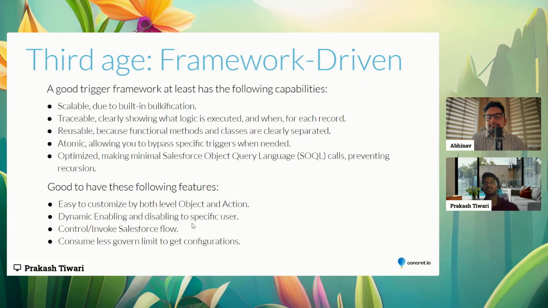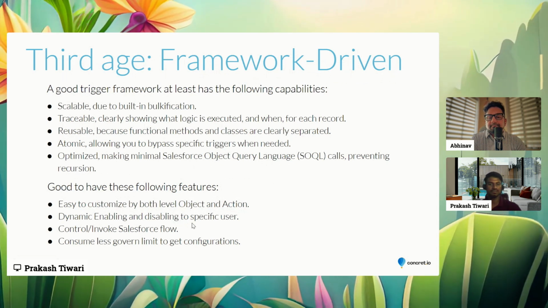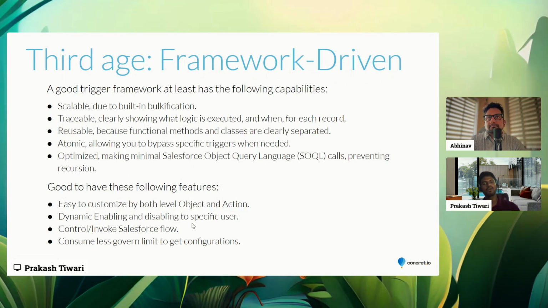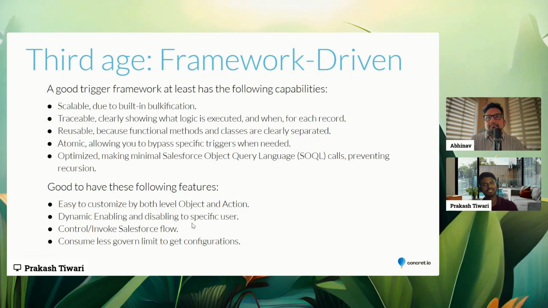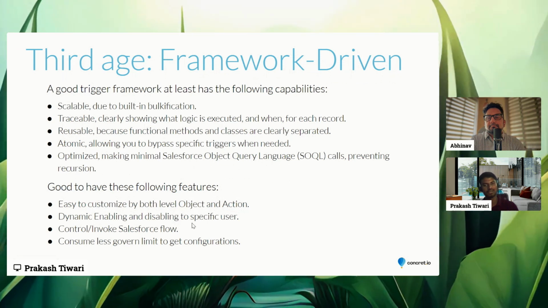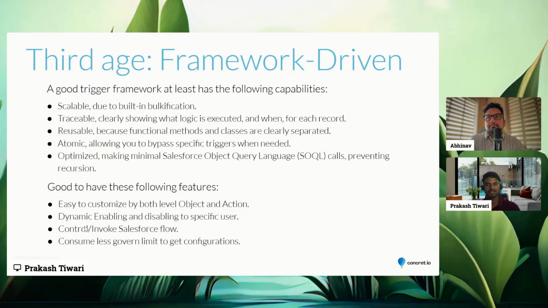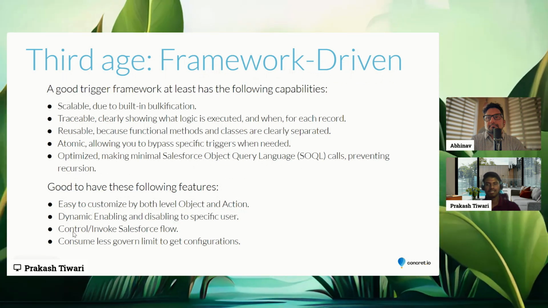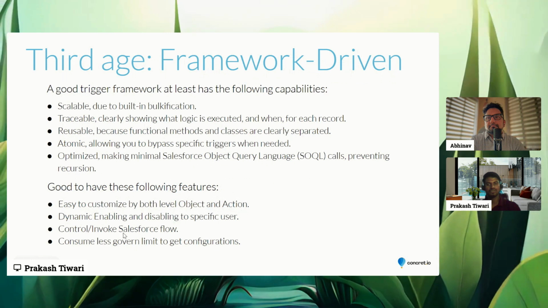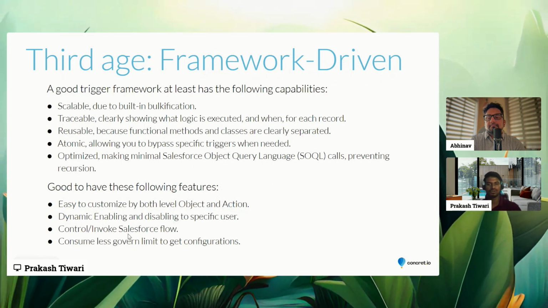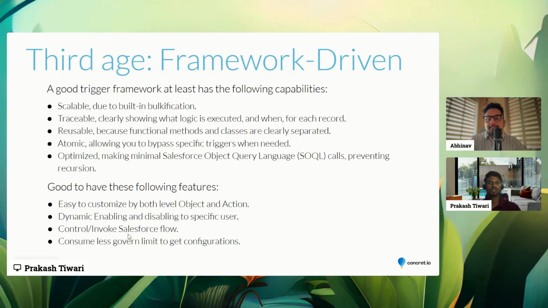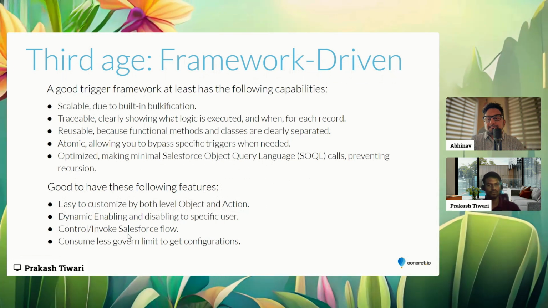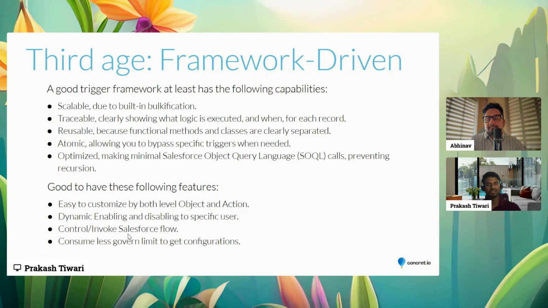Suppose we have a business requirement where we want this particular business logic to run only if the user has a certain label, or has a certain set of permissions, so that we can decide at runtime. And nowadays Salesforce Flow is also very famous for doing all the things. So if the logic is written in a flow, how can we call the flow as well?